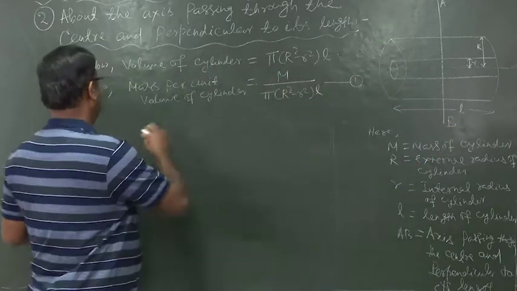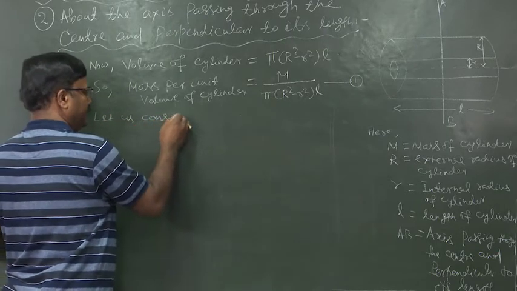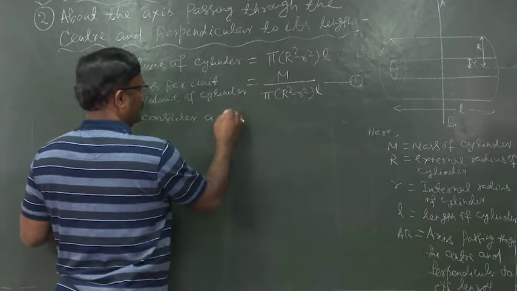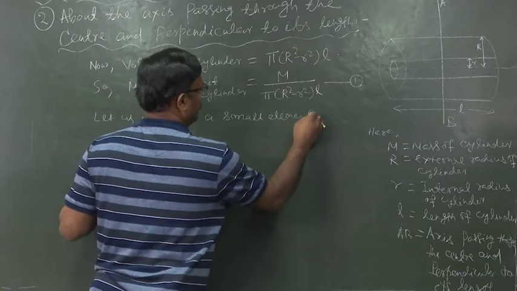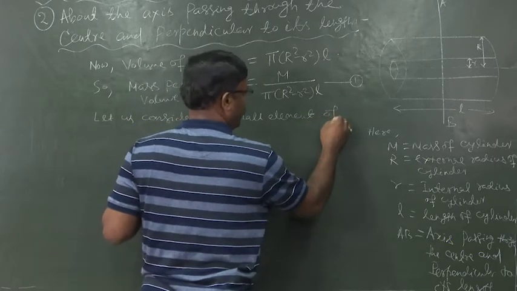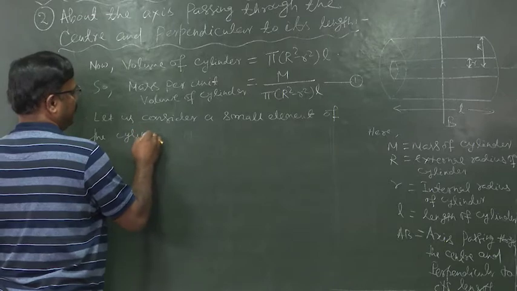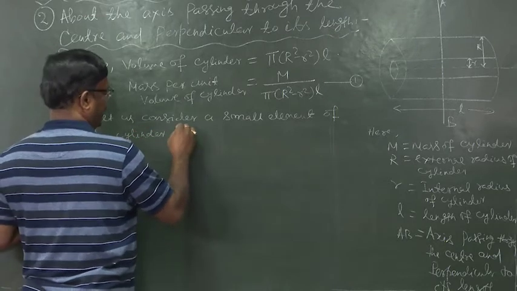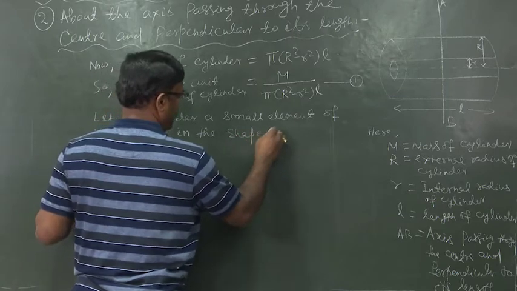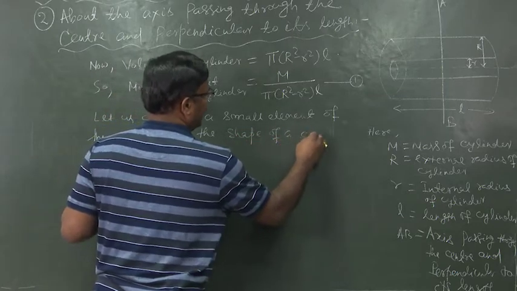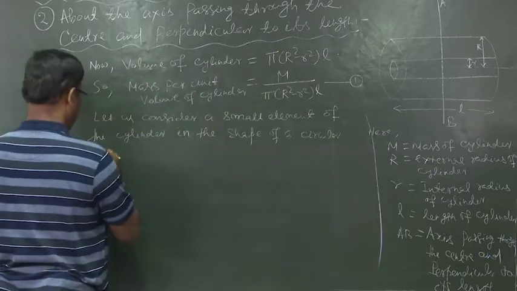So, let us consider a small element of the cylinder in the shape of a circular disc.